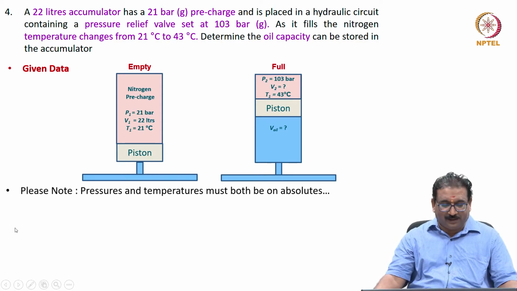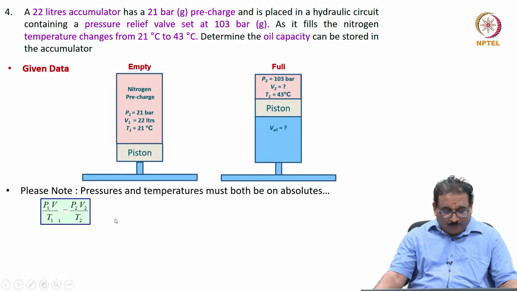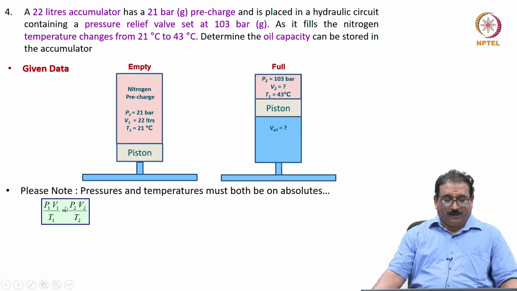Same thing here, friends, but the only precaution is, please note, pressures and temperatures must both be in absolute values. What to do for that? Same equation, P1 V1 by T1 equal to P2 V2 by T2.